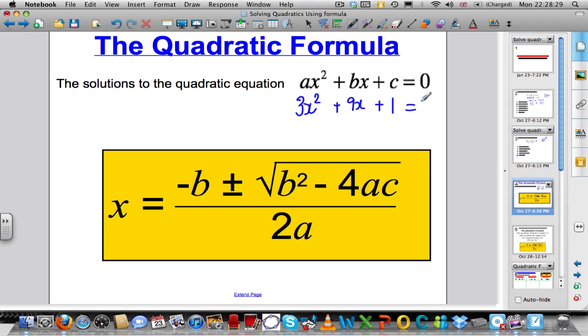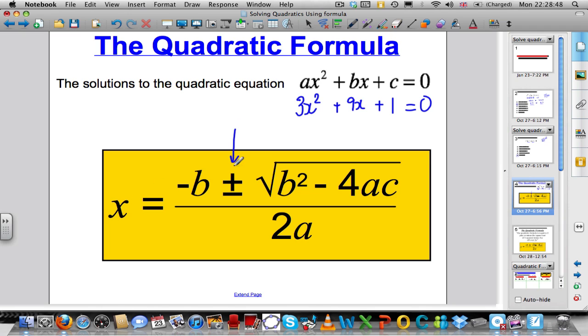If you've got a quadratic such as that, where in this case a is 3, b is 9 and c is 1, you can find your x by substituting your a, b and c into this quite nasty looking formula, and you can find your two solutions.